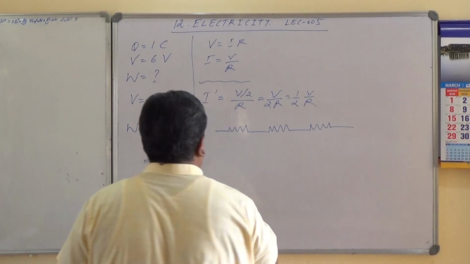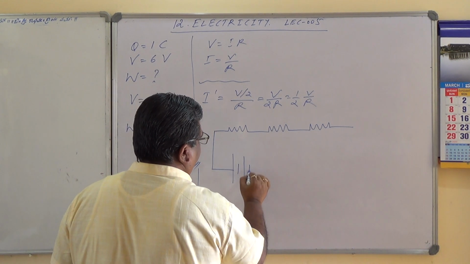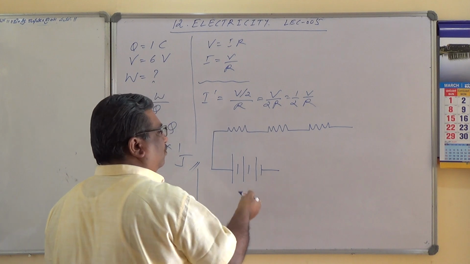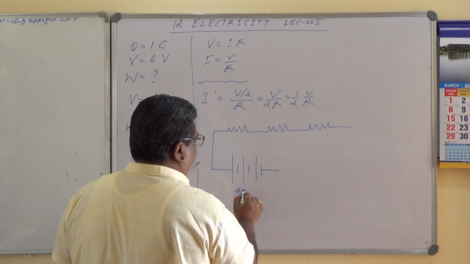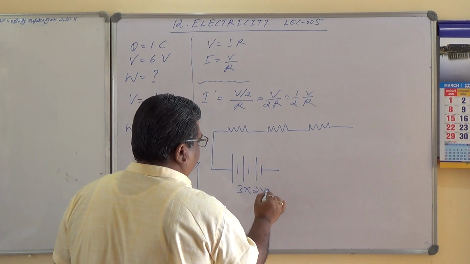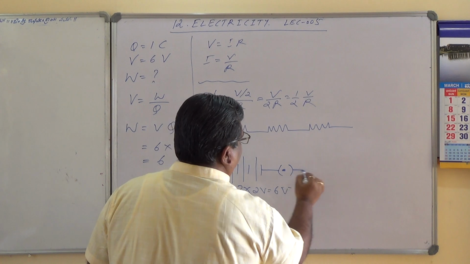Five ohm, 8 ohm, 12 ohm, all these are connected to a battery of 3 cells, 2 volts each, which equals 6 volts. A plug key.